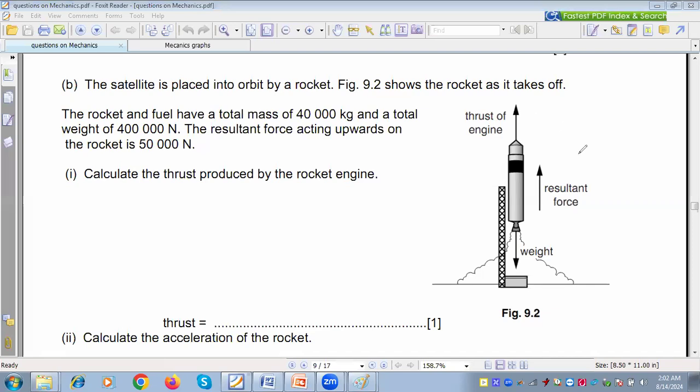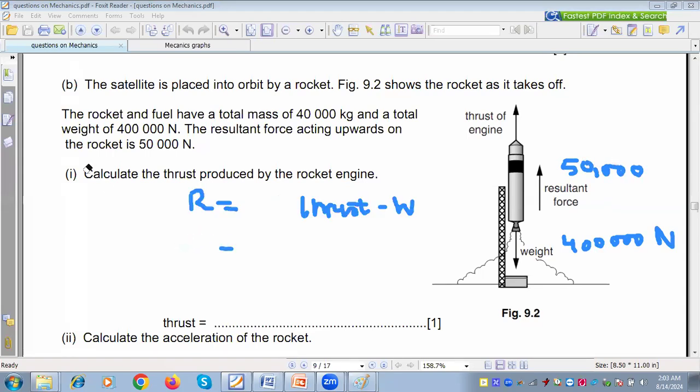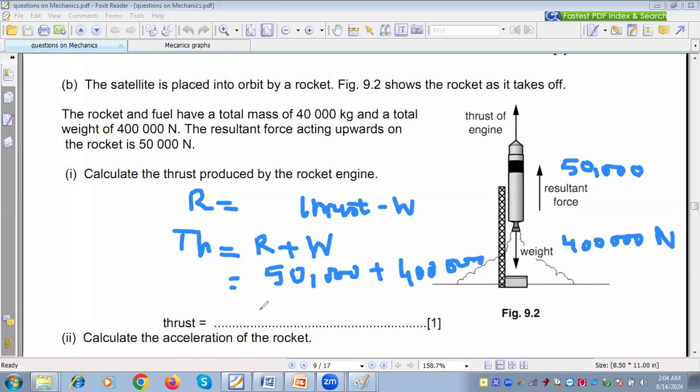The thrust: the weight is 400,000 newtons and the resultant force is 50,000. Thrust minus weight equals resultant force, so thrust equals R plus W, which is 50,000 plus the weight 400,000. So what will come? 450,000 newtons.